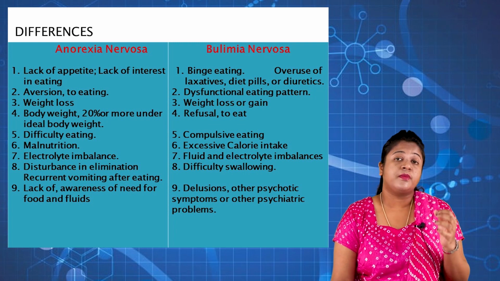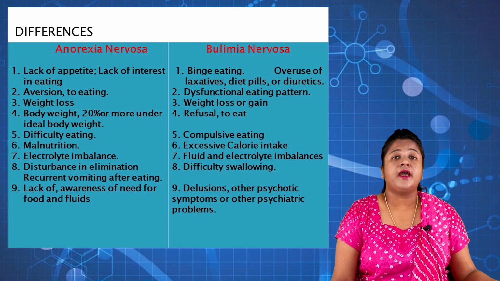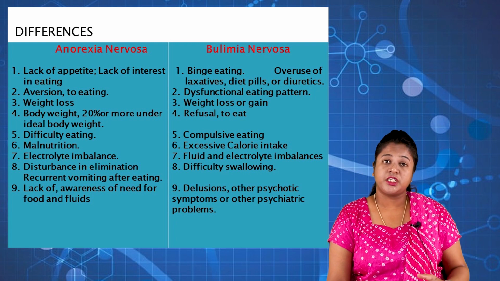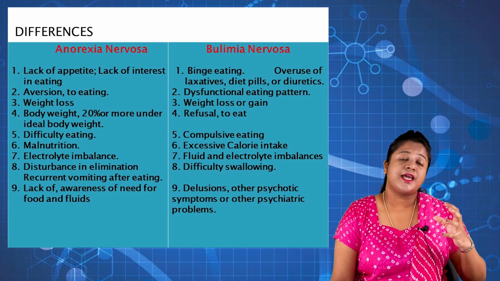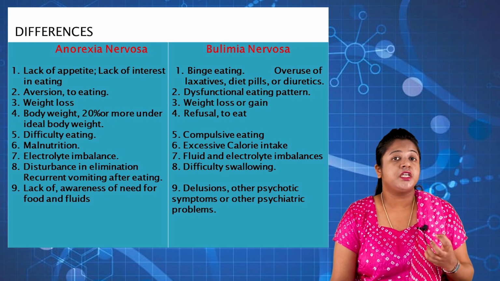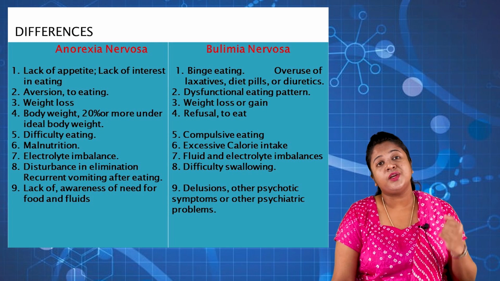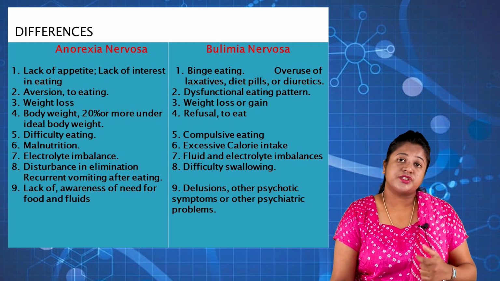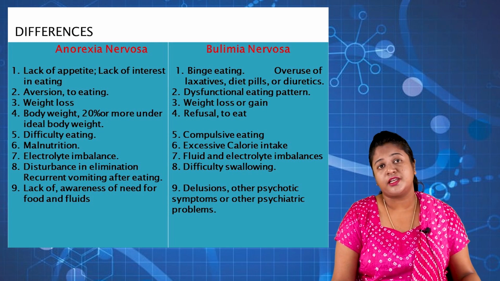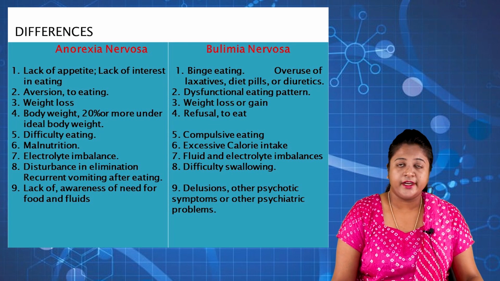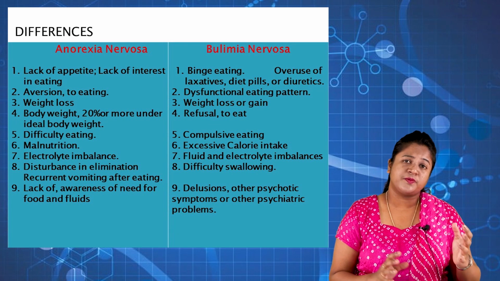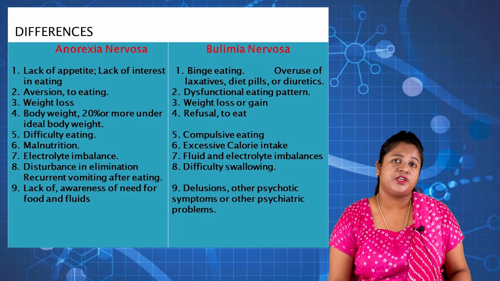They don't mind the complications of not eating the food. Okay, so that is the lack of awareness of not even eating the food or drinking the fluids. In case of bulimia nervosa, you can notice other psychiatric conditions like delusions and other psychotic disorders. So this is a major difference between anorexia nervosa and bulimia nervosa.